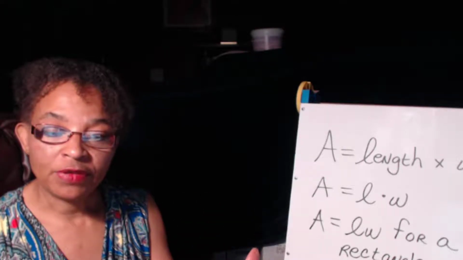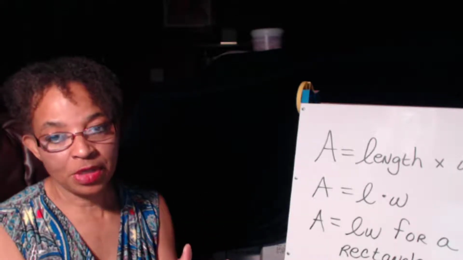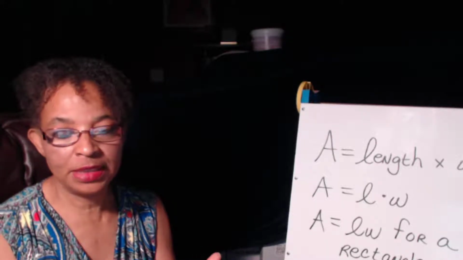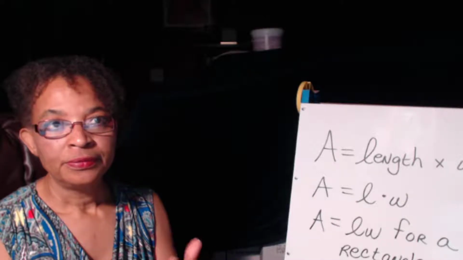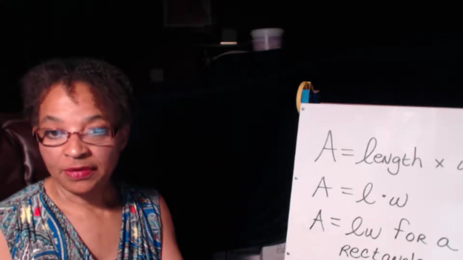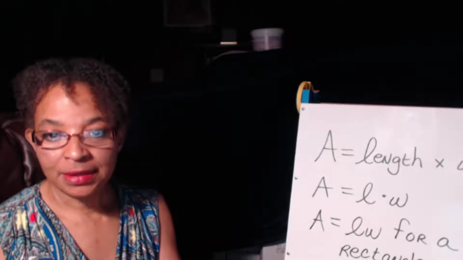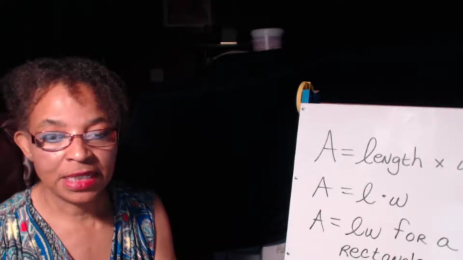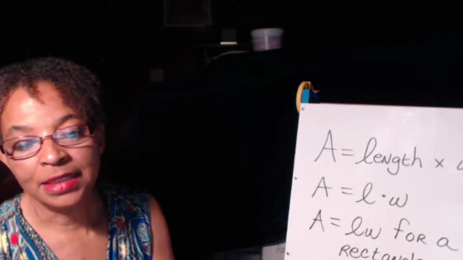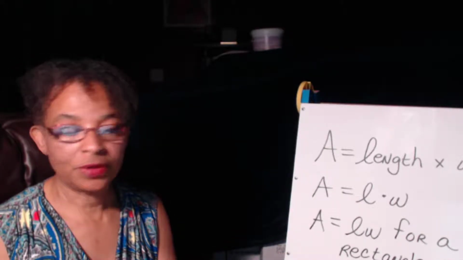Then from there we have our 4 sides, which is our quadrilaterals. That includes your rectangles, your squares, your trapezoids, anything that's 4 sides. Then you have your pentagon, 5 sides, your hexagon, 6 sides, your septagon, 7 sides, your octagon, 8 sides, your nonagon, 9 sides, and decagon is 10 sides, okay?